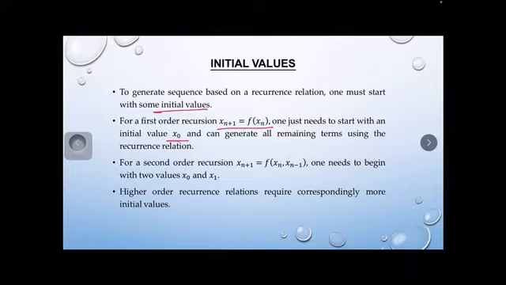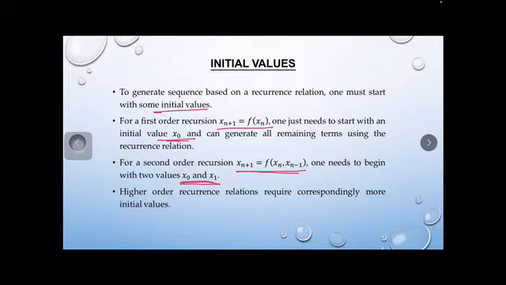And if the recurrence relation is of the second order, meaning the highest term depends on the previous two terms, we need two initial conditions, x0 and x1. So like that, for higher order recurrence relations, we need more initial conditions or initial values.